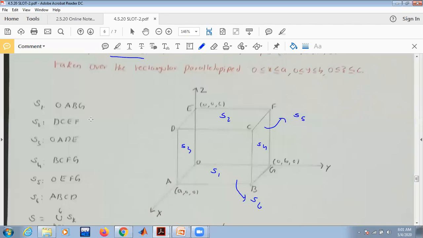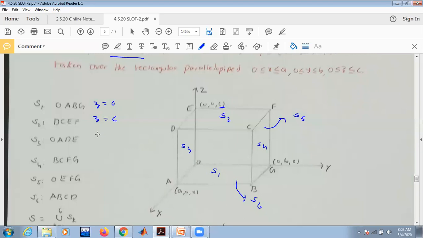And you know these equations, right? OABG, S1, is part of the XY plane. Therefore, its equation is z equal to 0, and S2 is the plane parallel to S1, at a distance of c units. Therefore, its equation is z equal to c. S3 is part of the XZ plane. So, what is the S3 equation?